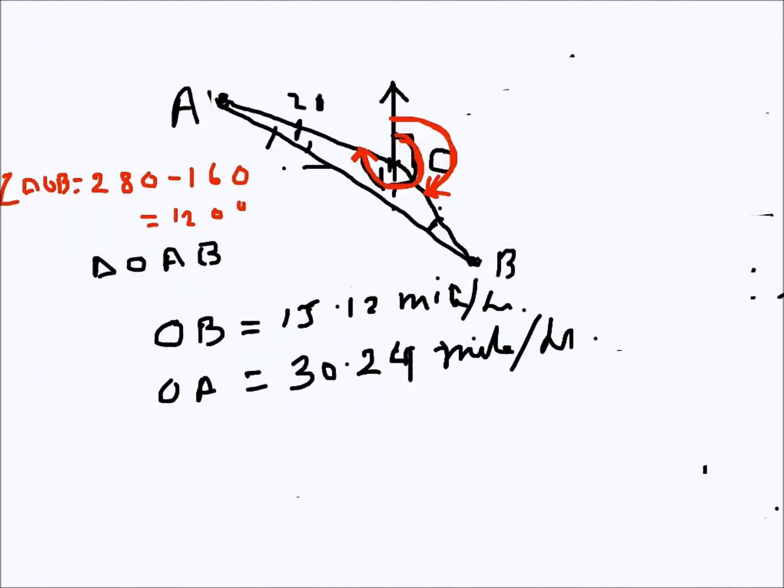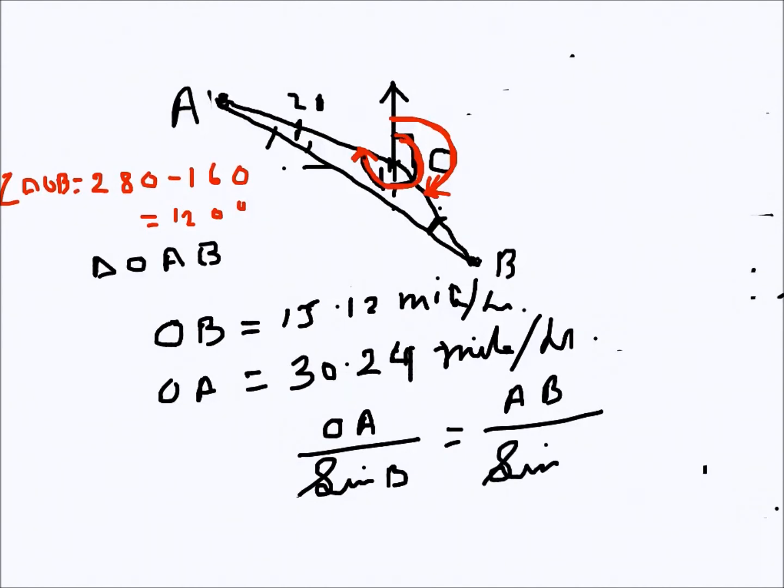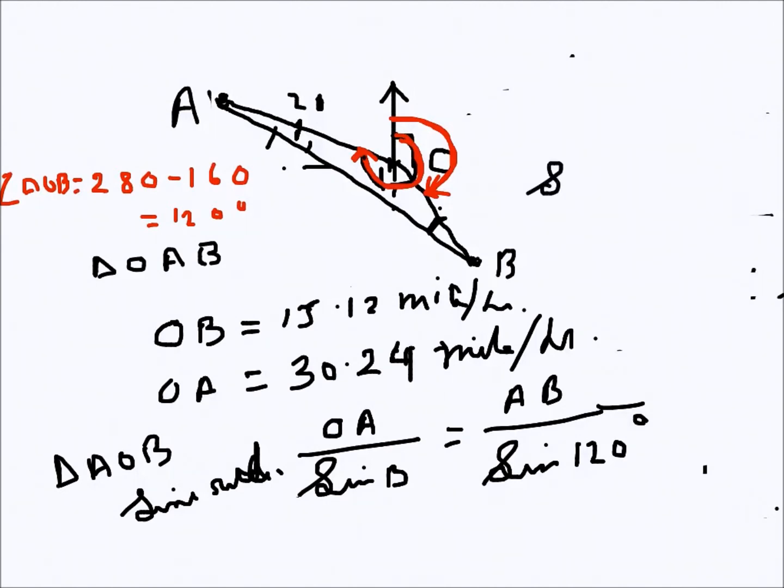so let's do that. So OA over this angle, let's call it sine B, is equal to AB over this angle, which is sine 120 degrees. That's from the sine formula in the triangle. So in triangle AOB, using the sine rule, sine B is unknown, so sine B is OA over AB times sine 120.